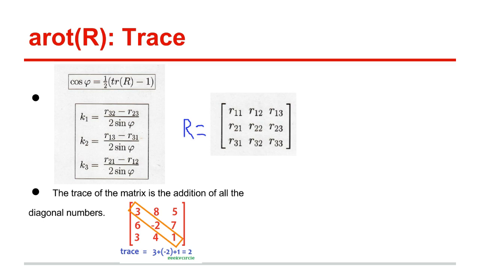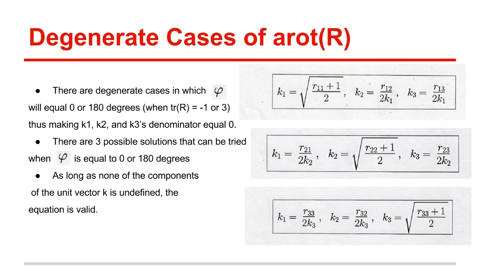So in case of the degenerate cases, you can use these equations instead, and what this will allow you to do is not have that issue where you're dividing by 0. Any one of these solutions will apply, but you just need to pick one that won't have a negative number in the square root.